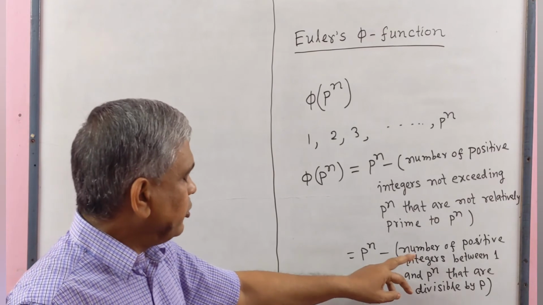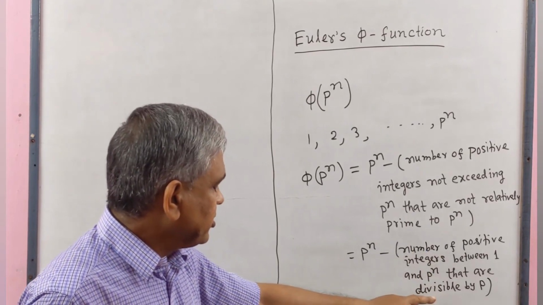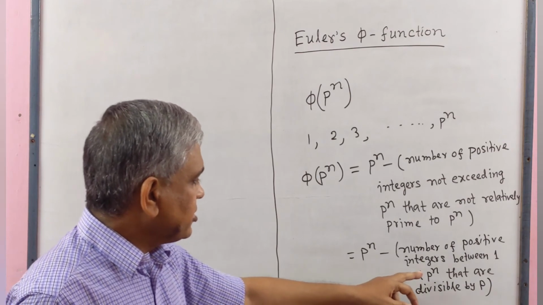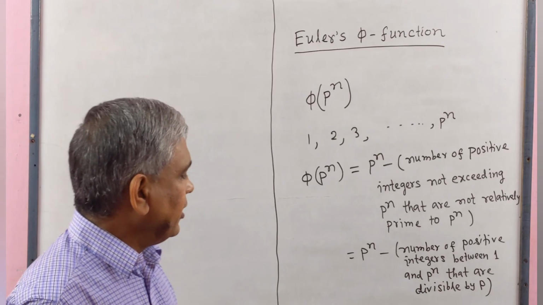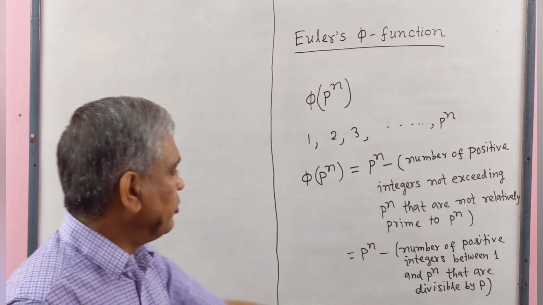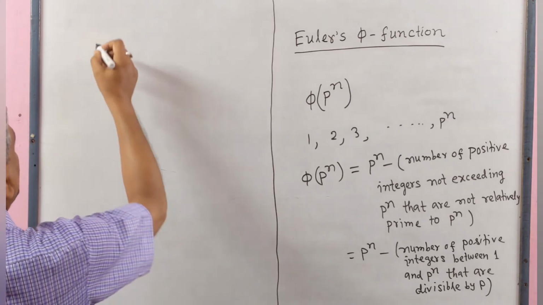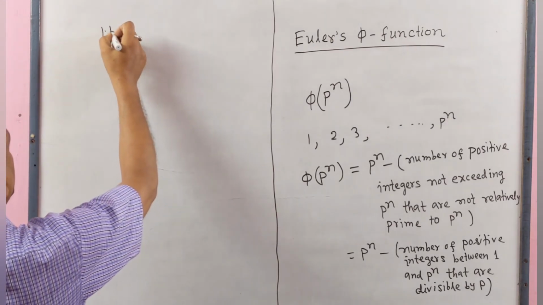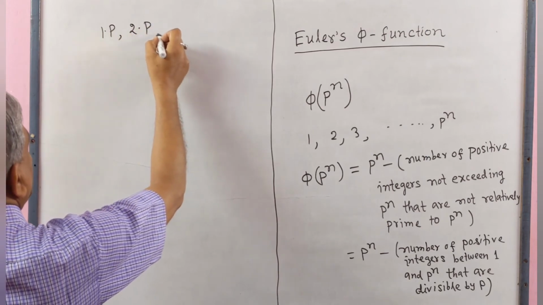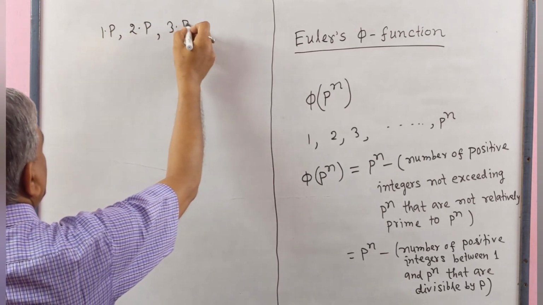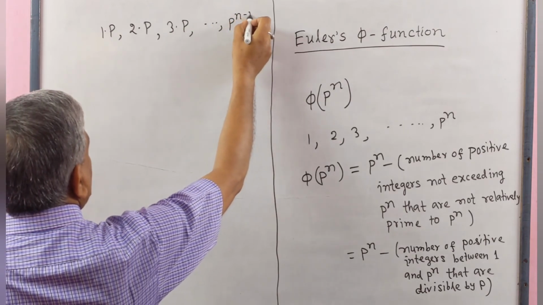Now we have to find these numbers, means numbers between 1 and p to the power n that are divisible by p. These numbers are 1 into p, 2 into p, 3 into p, ..., p to the power n minus 1 into p.